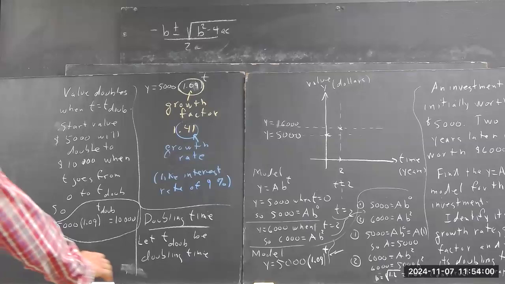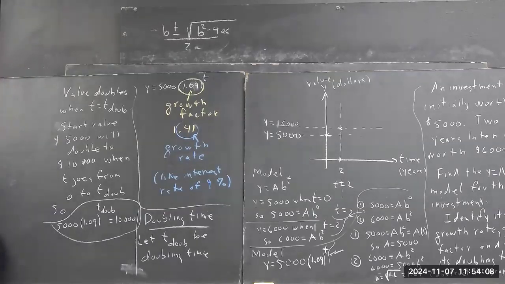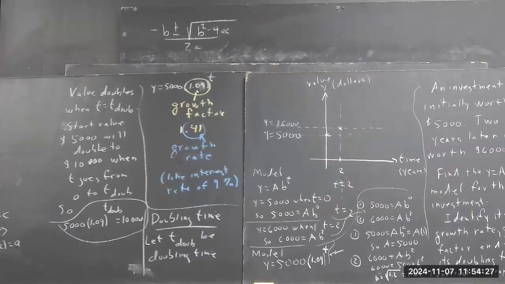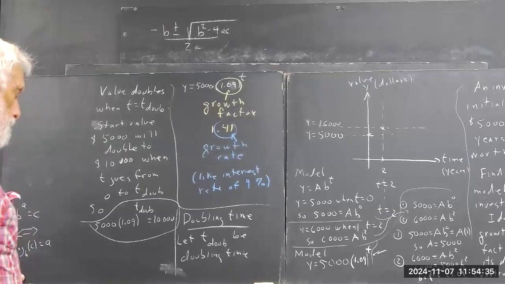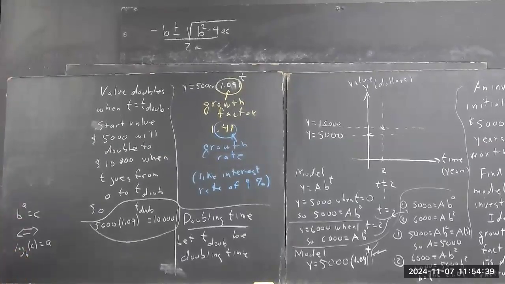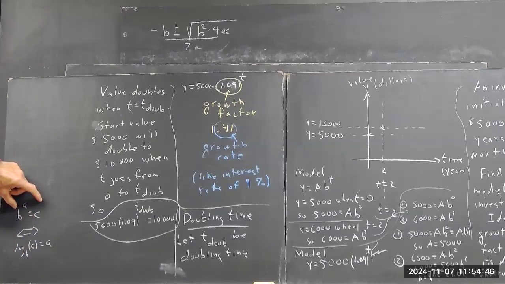Okay, now solve this. We have this equivalence, so we can put this into the form b to the a equals c, and then we can flip it over to the logarithmic form, which we can solve just using the calculator.